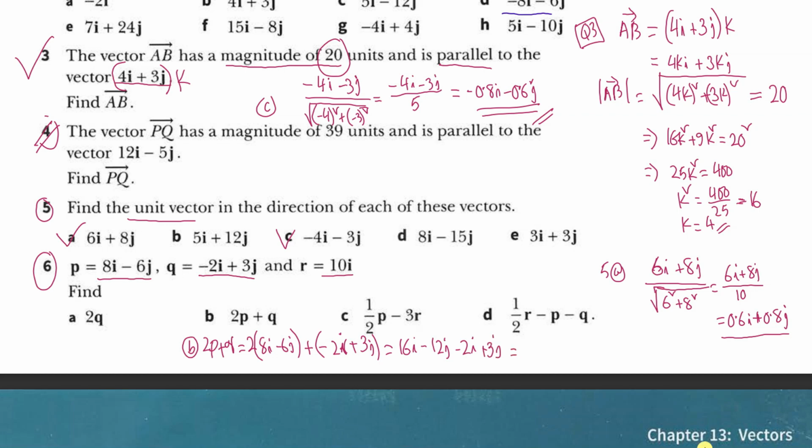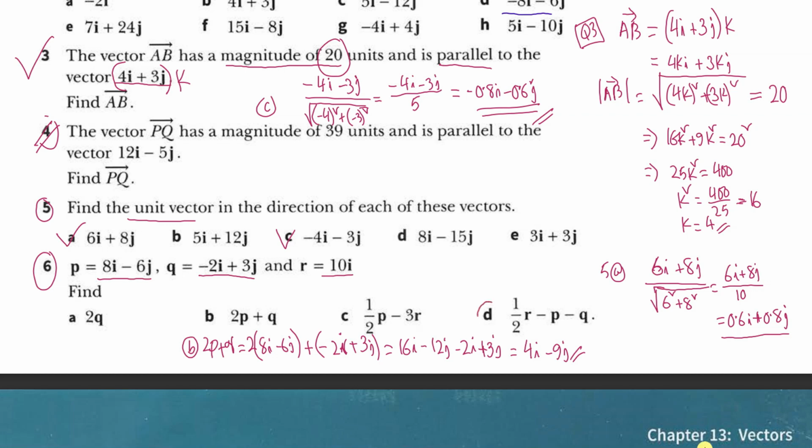So we got 16 minus 2 is 14i, and minus 12 plus 3 which gives us minus 9j, and this is the answer of that question. Same working for other questions.